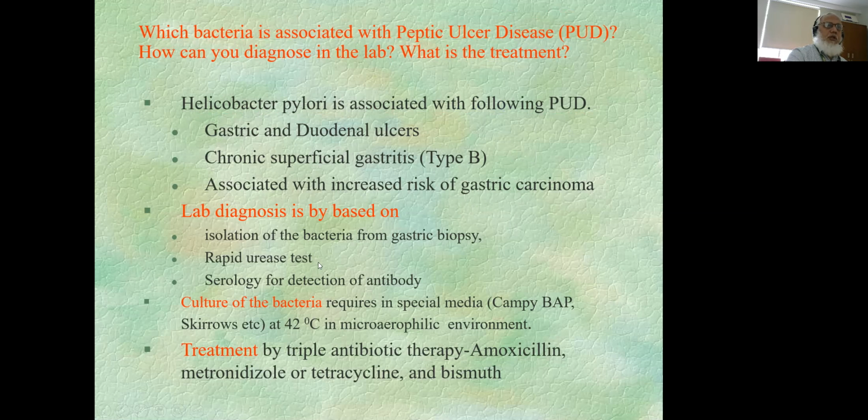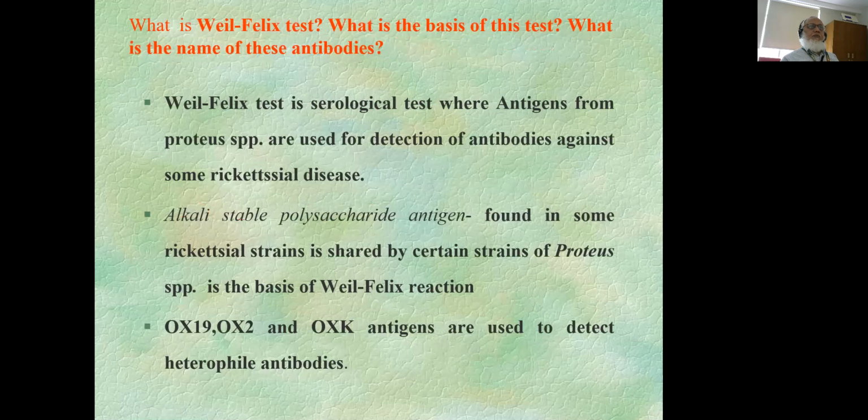Lab diagnosis is based on isolation of bacteria from gastric biopsy, rapid urease test, and serology for detection of antibody. Culture requires a special media and microaerophilic environment. They need to be treated by triple antibiotic therapy.